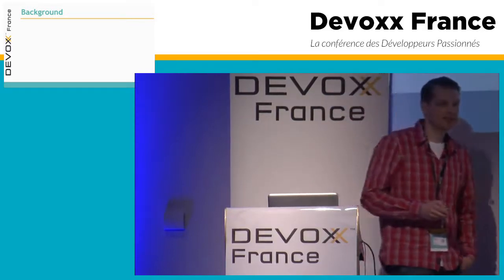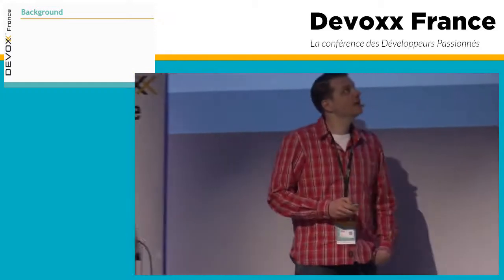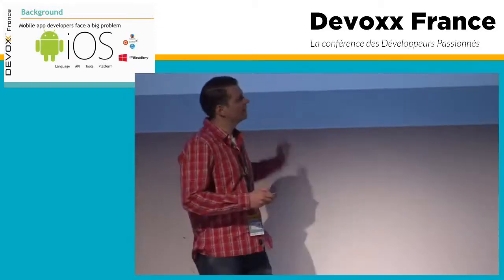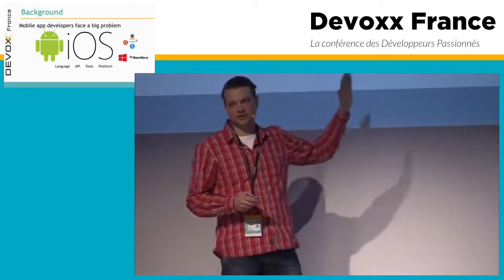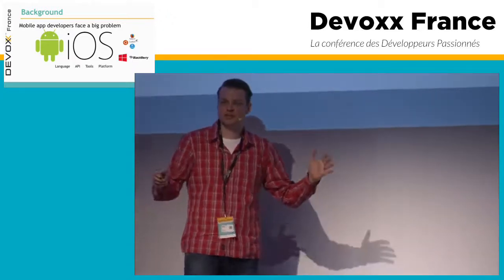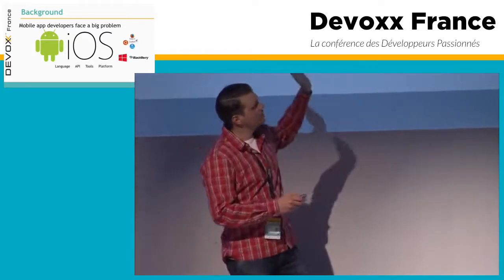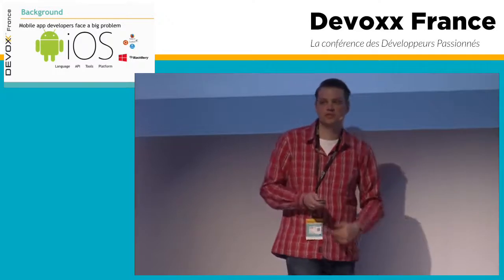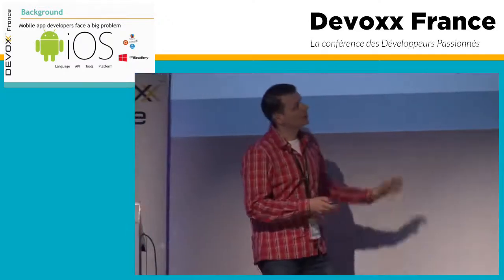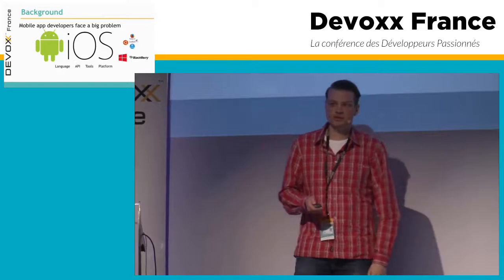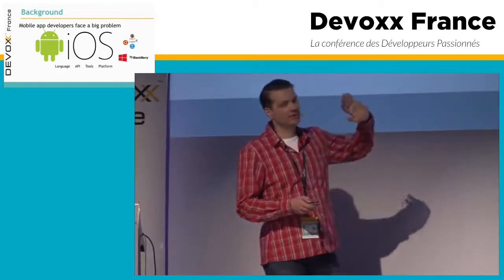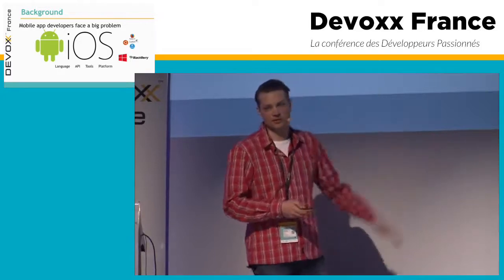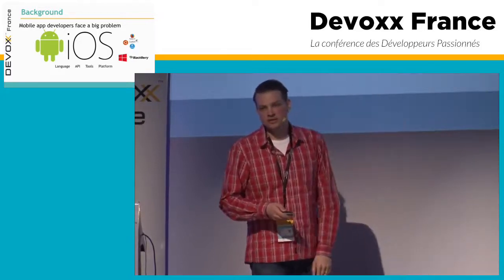Mobile app developers of today face one big problem. This. We have a number of different platforms to target if we want to cover the whole market. Even if we just choose Android and iOS, which is what most developers do anyway, to cover maybe 95% of the market or so, we still have problems because there are different APIs, different tools, even different programming languages on those two platforms.